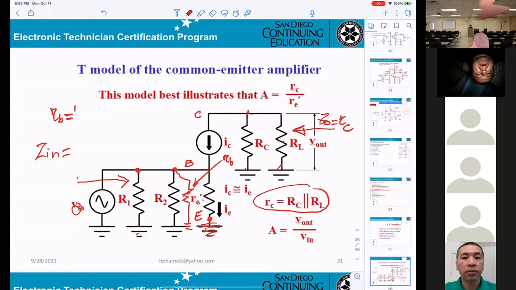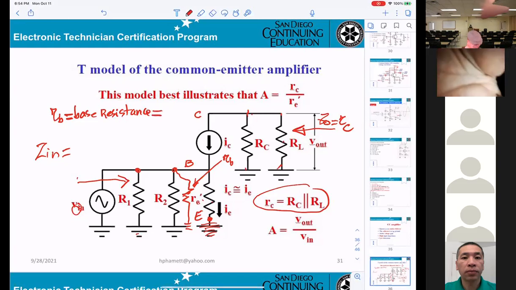Base resistance. By definition, what is it supposed to equal? VB over IB. Exactly, that's very good.